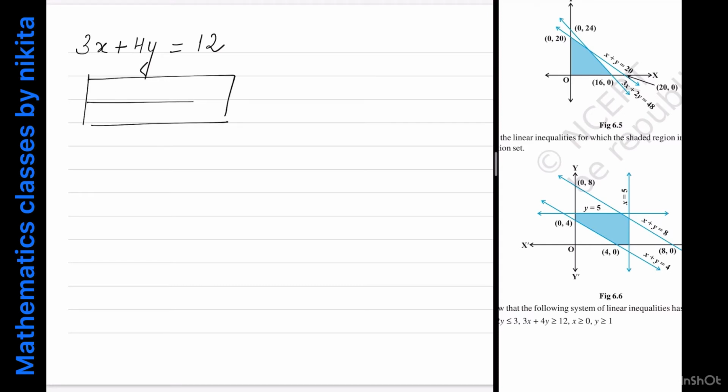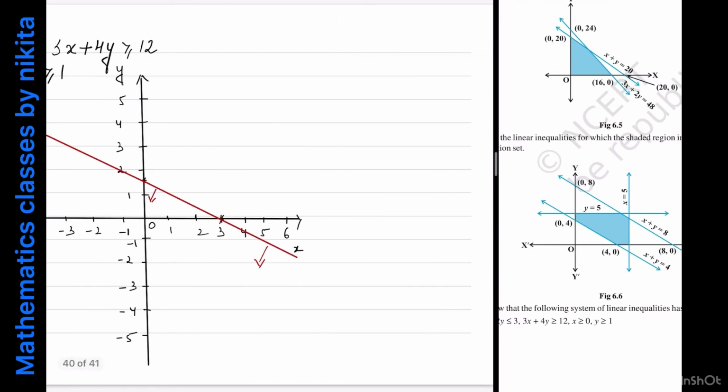So the second line is 3x plus 4y equal to 12. Now first to draw this line I need some points. So when x is 0, y will be 3 and when y is 0, x will be 4. So you have the point 0, 3 and 4, 0.